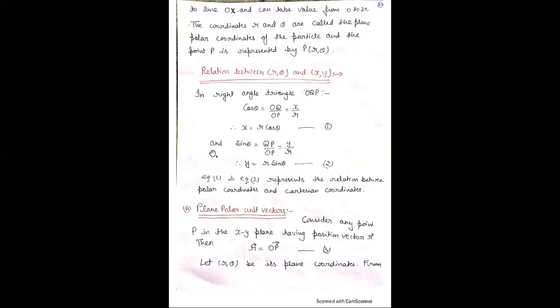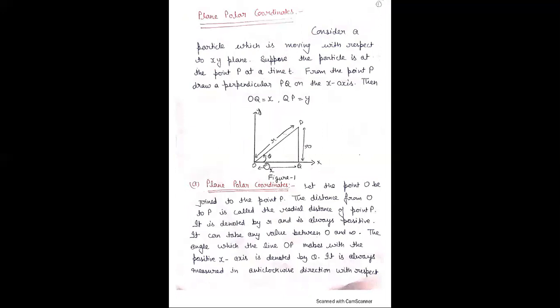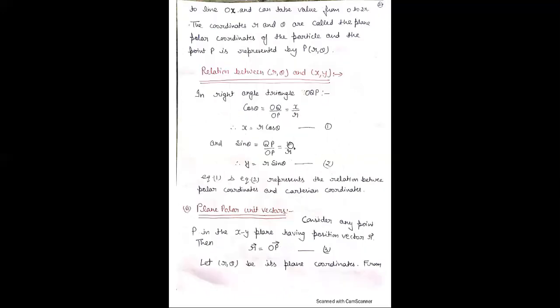This is the first equation. Similarly, sin theta in this triangle is equal to, no sorry, perpendicular upon hypotenuse, and perpendicular is PQ and hypotenuse is OP. Therefore, sin theta is equal to QP upon OP, that is QP is Y and OP is R, therefore Y upon R, then Y is equal to R sin theta.